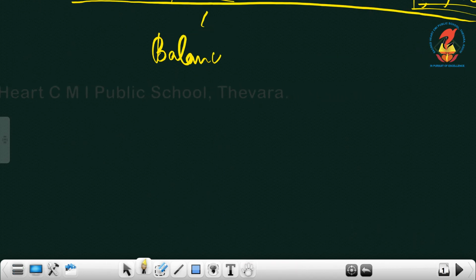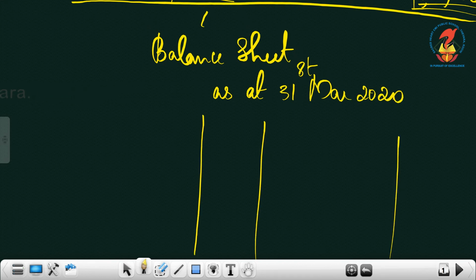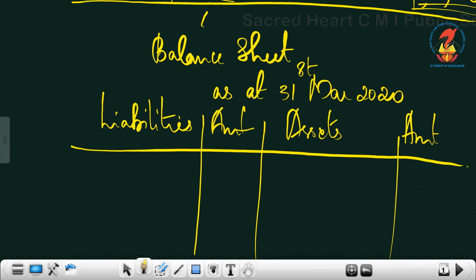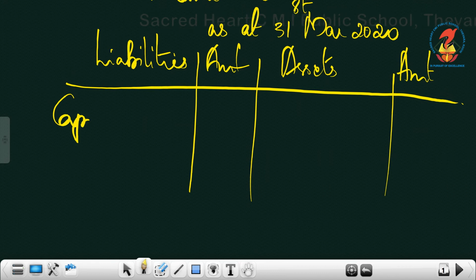It is balance sheet as at 31st March 2020. Start with capital.